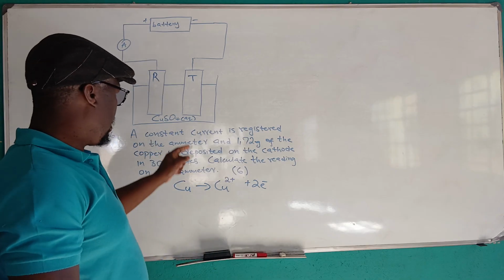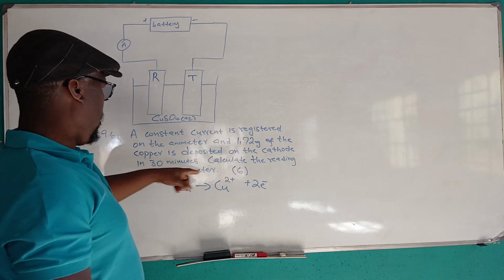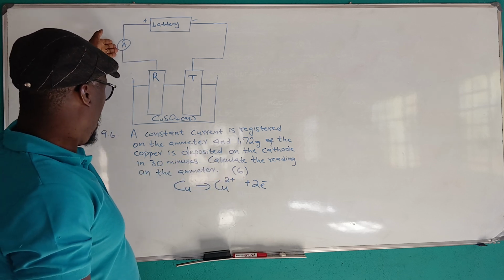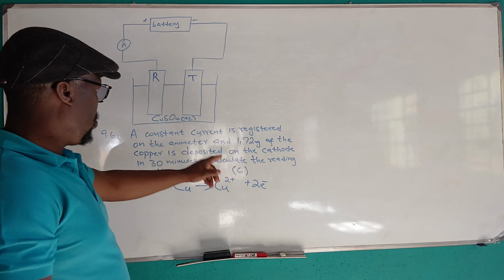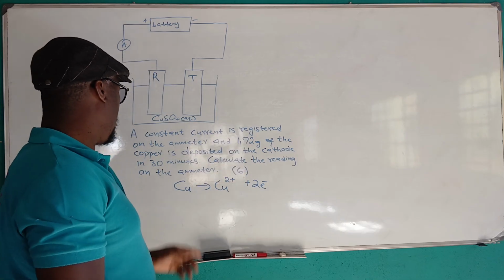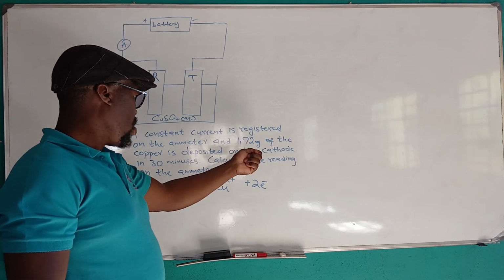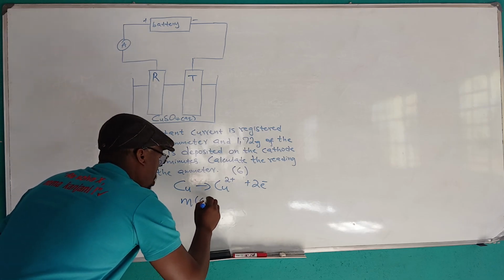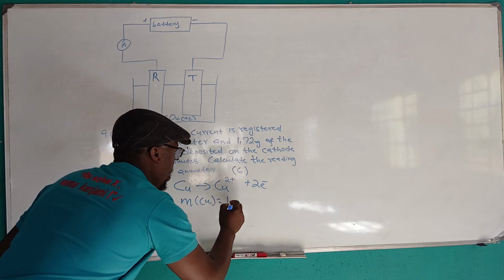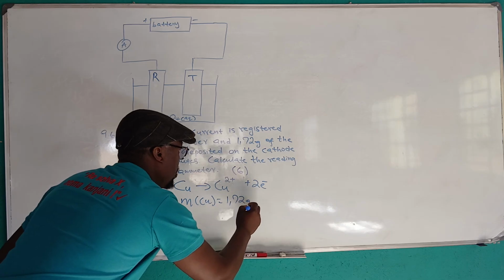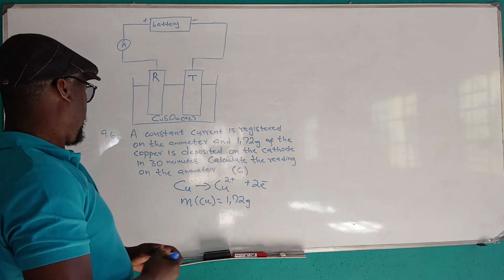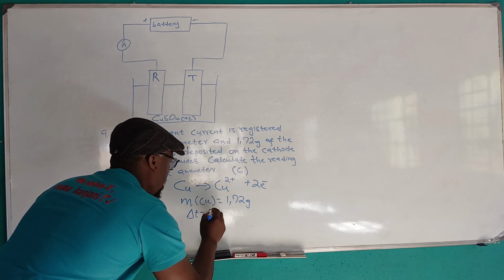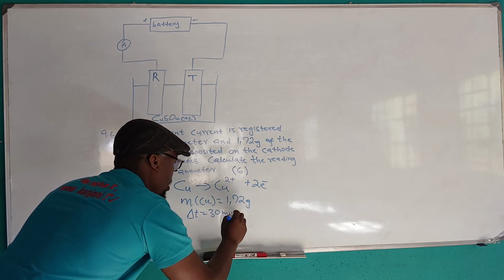Now we are told that there is a constant current which is registered on the ammeter, and 1,72 grams of the copper is deposited on the cathode, meaning that the mass of the copper is 1,72 grams, and the change in time is 30 minutes.